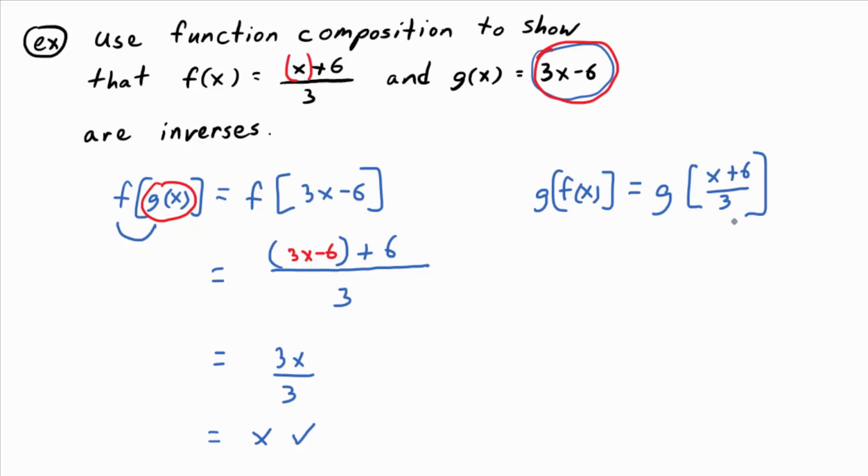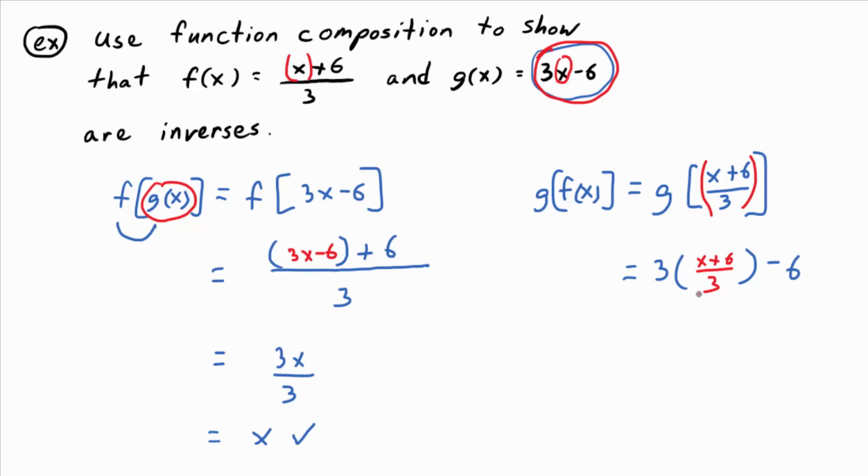And now it's just function notation. But now you're plugging in the new input, this guy, in for the old input in g. So you could rewrite g as 3 times parentheses minus 6, and your new input is x plus 6 over 3.